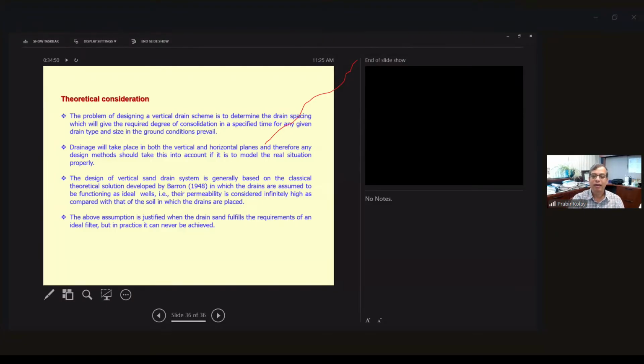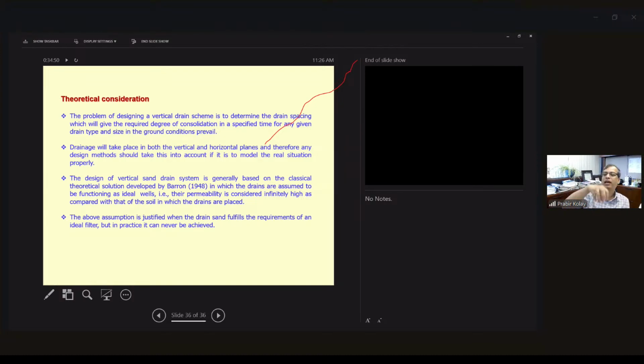And then Barron also gave some equations on this based on the vertical sand drain. So basically, you can use those different equations considering the degree of consolidation in the radial direction. And so you can calculate how much would be the consolidation, or degree of consolidation, when you use PVD or when you use sand drain.